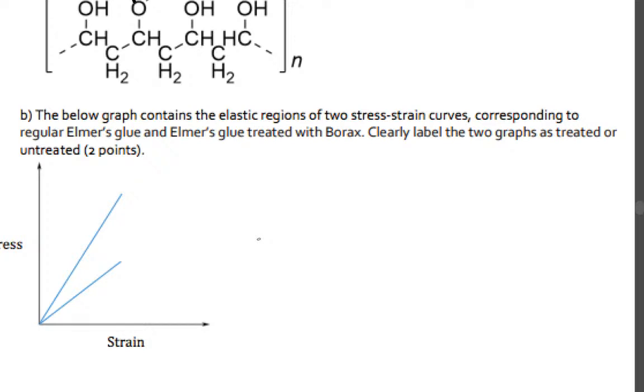I actually forgot how to do this, but luckily I have my notes here to reference. Oh, there it is. So the strain is the change of L over L, and stress is the force divided by the area.